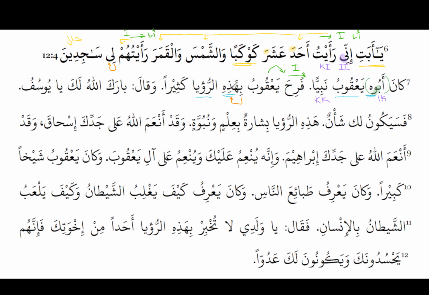Kathiran, we've mentioned before that kathiran is what we call a maf'ul mutlaq. It's emphasizing the verb fariha. It's na'ib al-maf'ul mutlaq. So it's emphasizing the verb fariha, and that's why it has the fathatain here. وَقَالَ بَارَكَ اللَّهُ لَكَ يَا يُوسُفُ. So he says, form 1, verb, past tense.